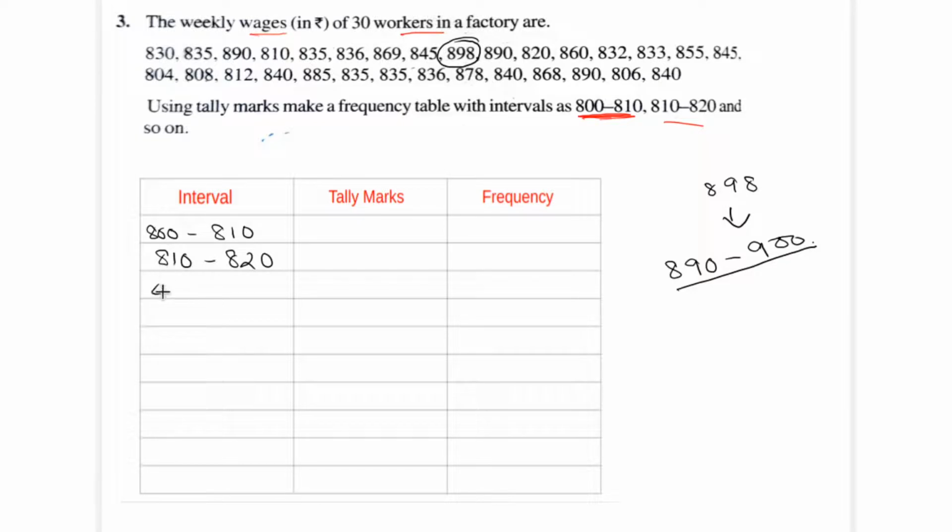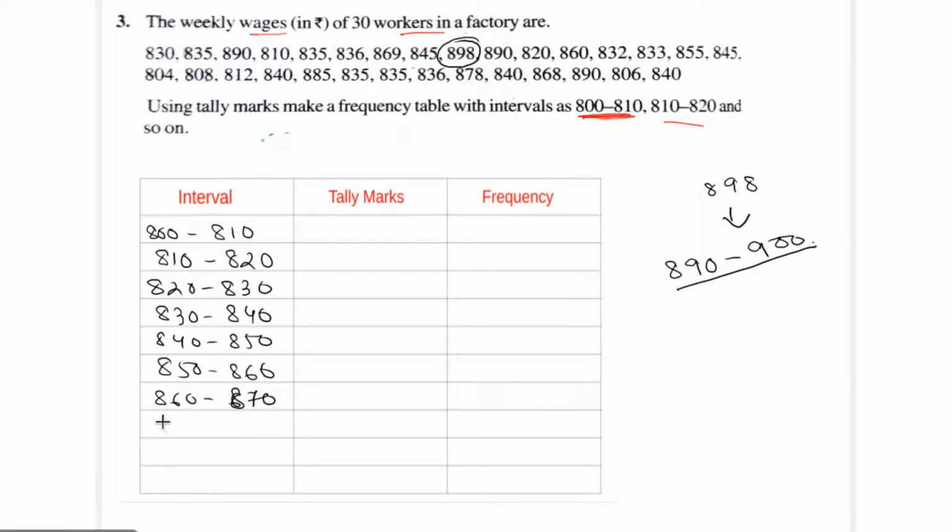So 820 to 830, 830 to 840, 840 to 850, 850 to 860, 860 to 870, 870 to 880, 880 to 890, and 890 to 900.